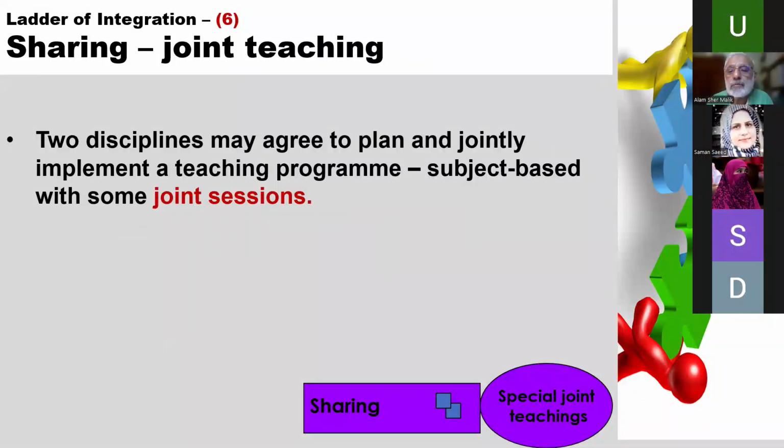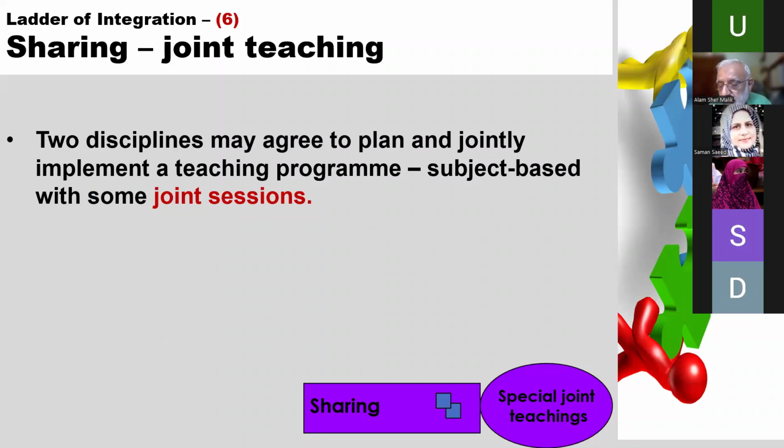So the sixth ladder on integration is the sharing or joint sessions. And here it moves a step further, that in the previous level, there were parallel sessions, but covering the same area. Now here, the two disciplines may agree to plan and jointly implement a teaching program. Although subject-based, there are joint sessions.